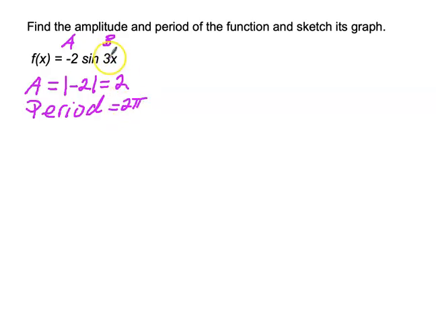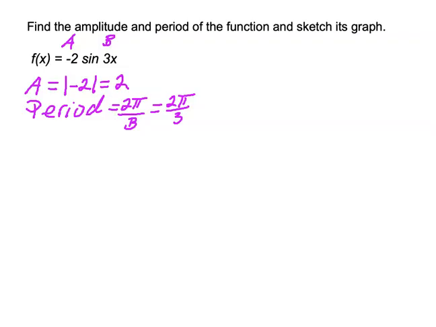However, in this case, because we have the number 3, not 1, in front of the x, we're going to take the period divided by b, which is in this case 2 pi divided by 3. Okay, so again, we're going to label a and b. A is amplitude. This number in front of the x is going to help you find the period.